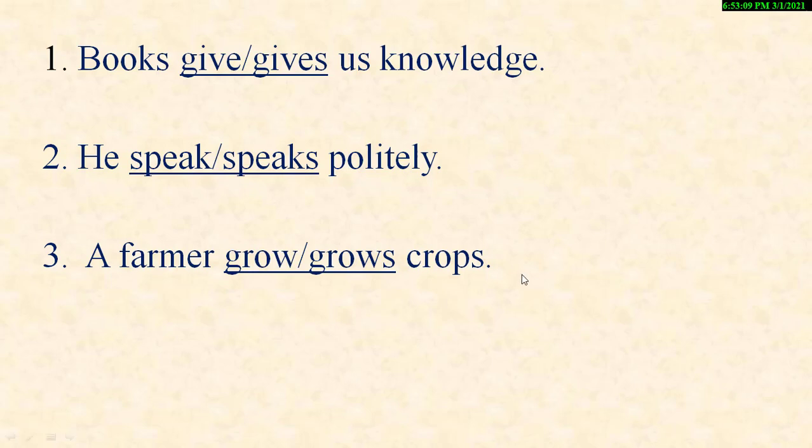Whether we should say books give us knowledge or books gives us knowledge. He speak politely or he speaks politely. A farmer grow crops or a farmer grows crops. And the answer to this confusion is in the singular and the plural verbs.